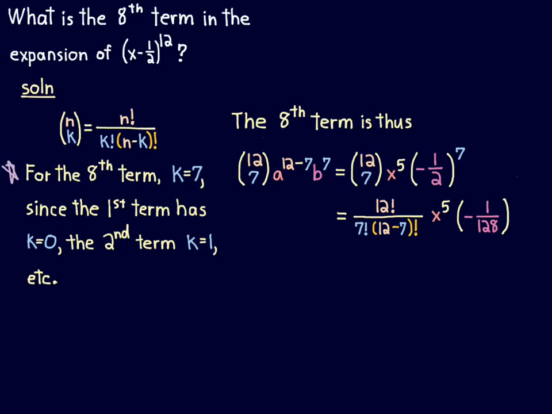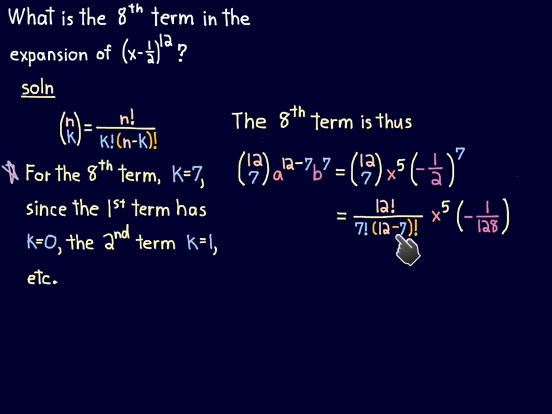So that's the formula, or that's how it works out. Remember, the formula for 12 choose 7 is 12 factorial over 7 factorial times 5 factorial. It's actually these two numbers, right? That's what it is. See that? 7 plus 5 is 12.